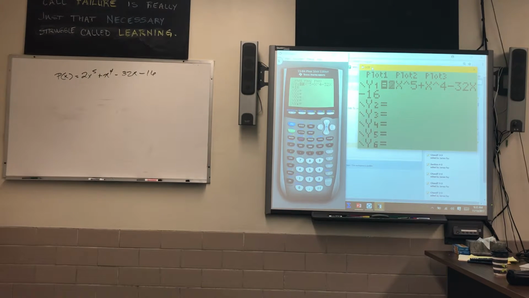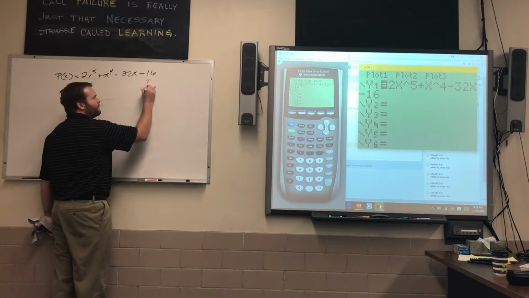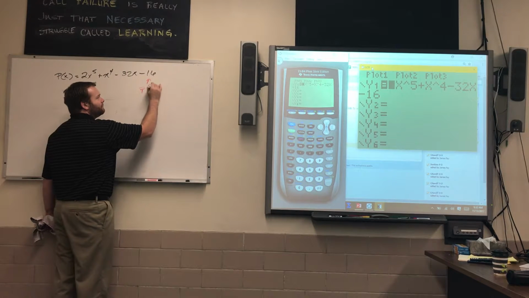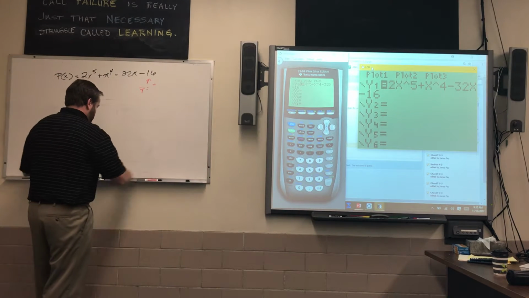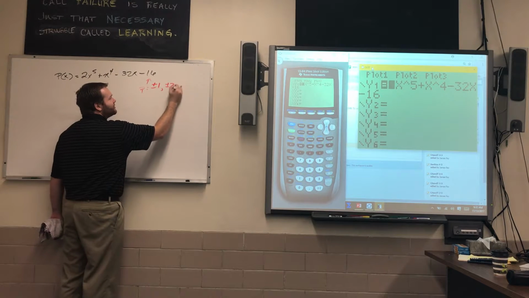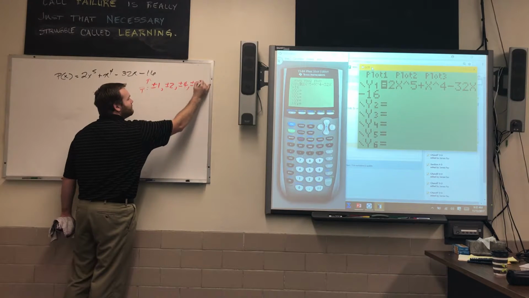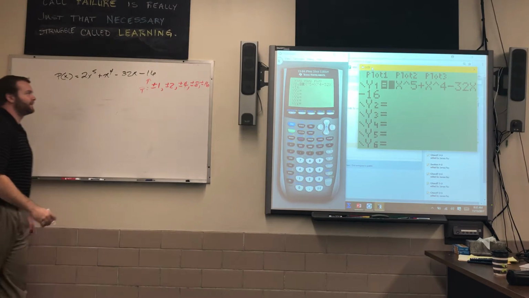First one is going to say, just list all the possible rational zeros. Well, that means find from that all your P values. So plus or minus 1, plus or minus 2, plus or minus 4, plus or minus 8, plus or minus 16, right?